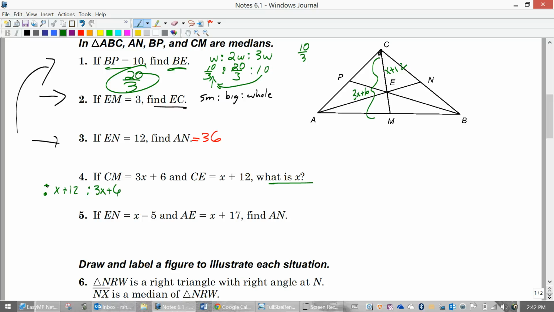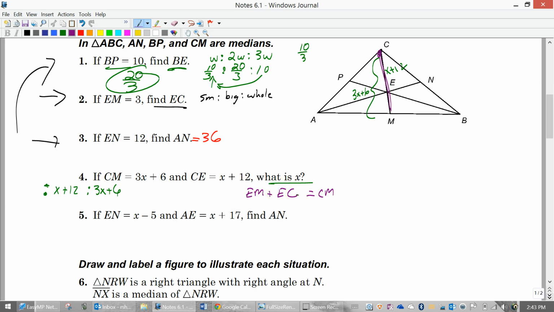Okay. So the question is, how do we figure this out? We need to relate these three things, right? In terms of this problem, if you look at it, the whole thing, CM, is equal to EM plus EC. That make sense?